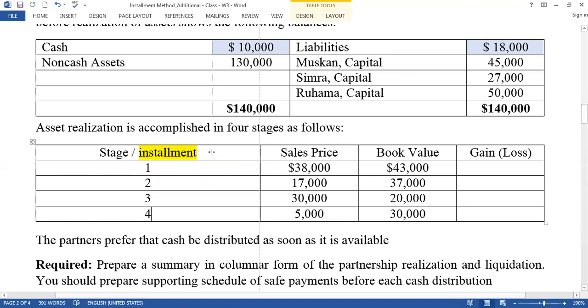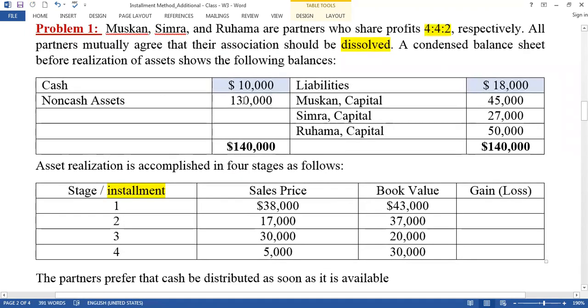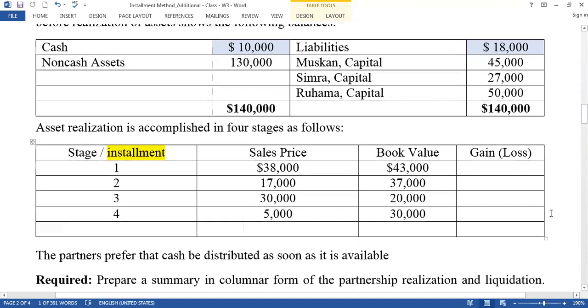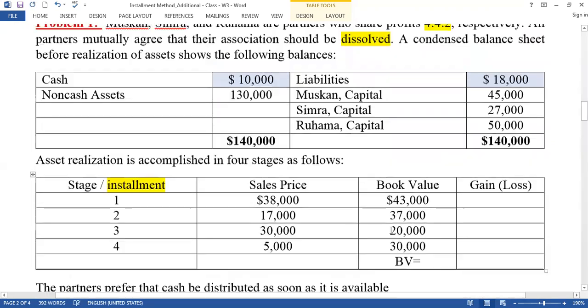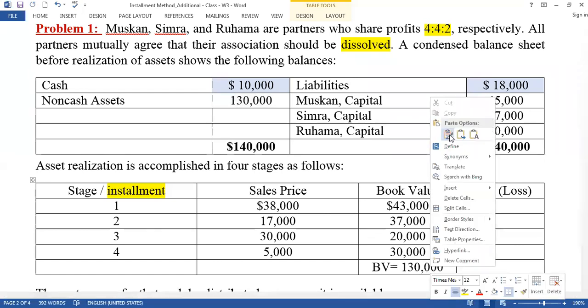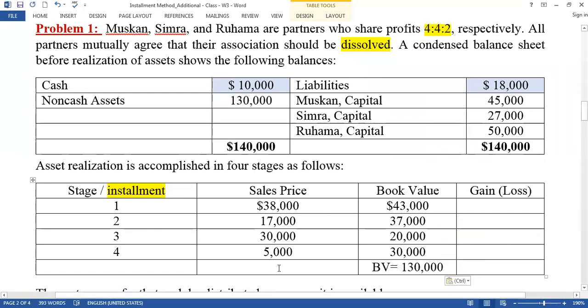Now you can see that our non-cash asset book value is $130,000. So if we add this up here, the book value equals $130,000. This is the book value, and this column is the fair market value.